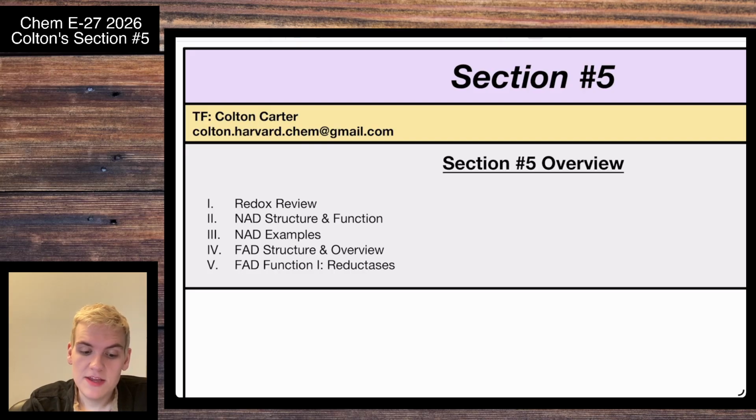But at the end of the day, you need to turn the FADH- back into FAD. So with these two half reactions in mind, we essentially have to activate FAD to make it FADH-, and then FADH- can do something. So our reaction 1, we are going to use our NADPH or NADH to reduce FAD.